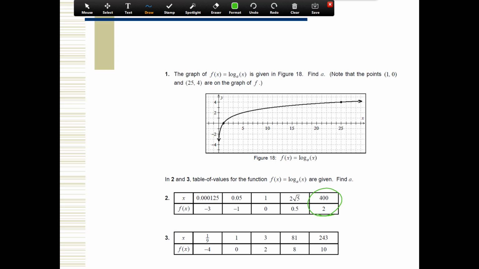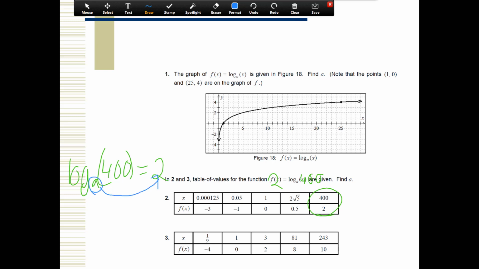So I'm going to plug in the 400 where the x is, and the f of x is going to become a 2. So I have log base A of 400 equals 2. If we now go ahead and loop it, we'll be able to find out what our base on our log is.